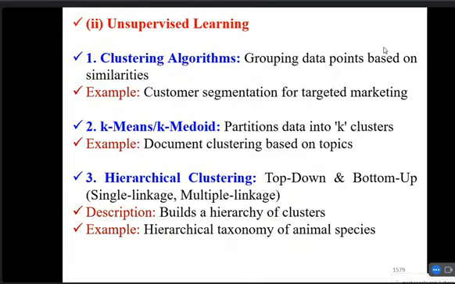How do you calculate a similarity measure? By using Euclidean distance, Manhattan distance, and Minkowski distance. For two points (x1, y1) and (x2, y2), it is the square root of (x1 minus x2) squared plus (y1 minus y2) squared. That is how we compute the similarity measure in clustering algorithms.